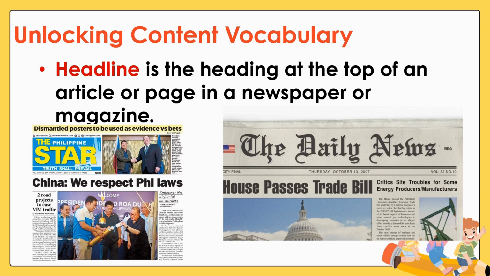Headline is the heading at the top of an article or page in a newspaper or magazine. For our example here is the headline. China, we respect Philippine laws. Next, the other one, House passes trade bill. Those are headlines.